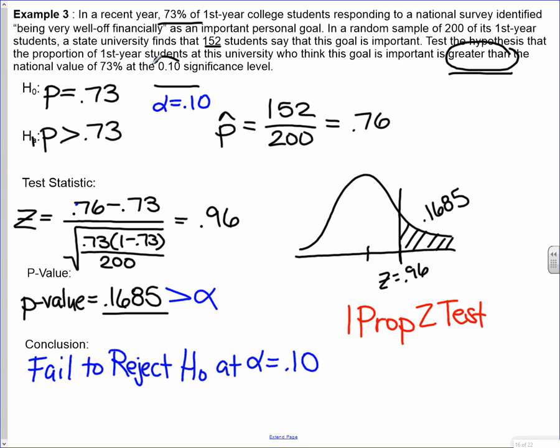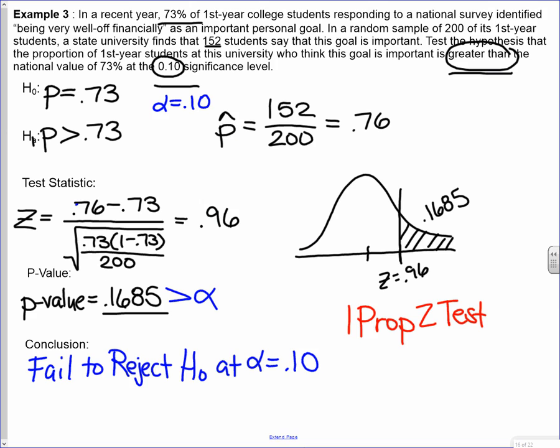So here, our significance level was 0.10. So we wanted to reject anything that could happen less than 10% of the time just due to sampling error. This is going to happen almost 17% of the time. That is greater than alpha, right? Greater than the 0.10. So we fail to reject. We're saying that it's not far enough away.